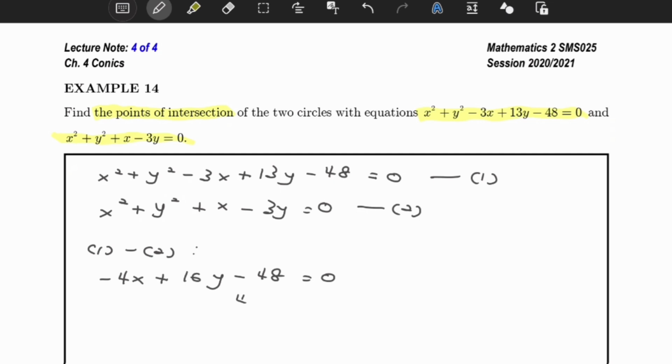So 4x equals 16y minus 48 and x equals 4y minus 12. Let's name this the third equation.